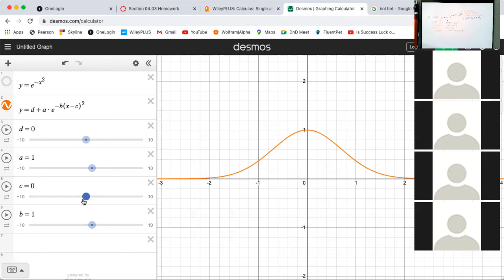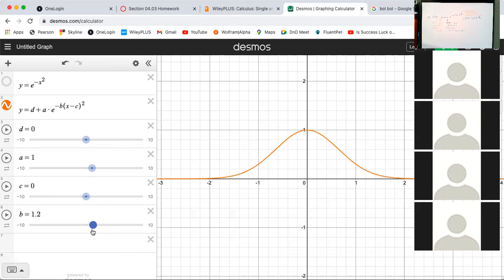And so finally, if we look at what happens when we change the value of B, we increase the value of B. Notice that the top stays where it is. The maximum stays where it is. And what's happening is that the sides are getting pinched in or pulled apart. So what we're doing is creating a horizontal stretch of the graph.